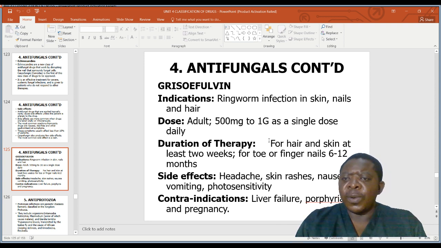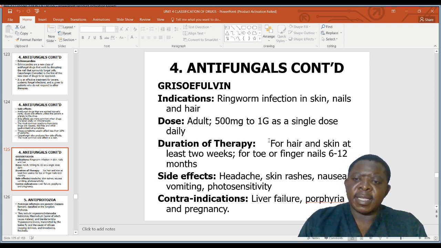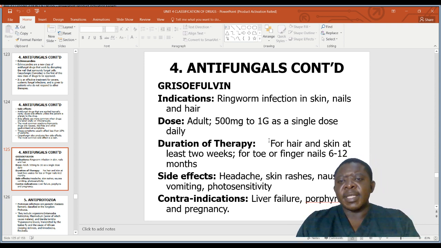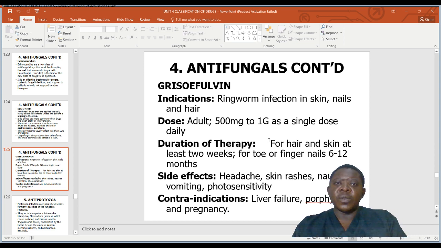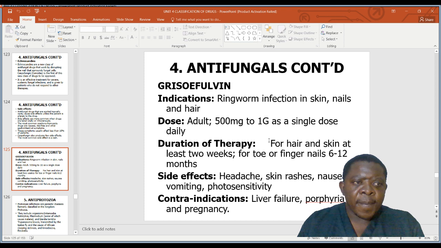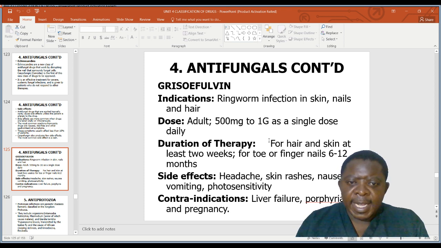For toe or nails, 6 to 12 months you can give. Side effects: headache, skin rashes, nausea, vomiting, and photosensitivity. Contraindication: it may be contraindicated in liver failure, in porphyria, and in pregnancy.